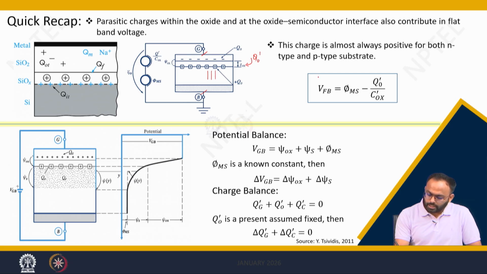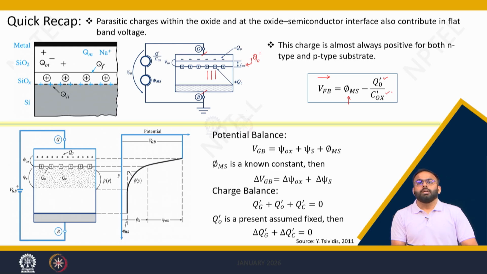This is referred to as the flat band voltage. The flat band voltage is the difference phi ms minus Q naught dash by Cox dash, where Q naught dash and Cox dash are the charge per unit area and the gate oxide capacitance per unit area, respectively.